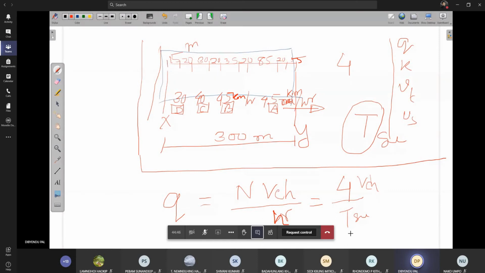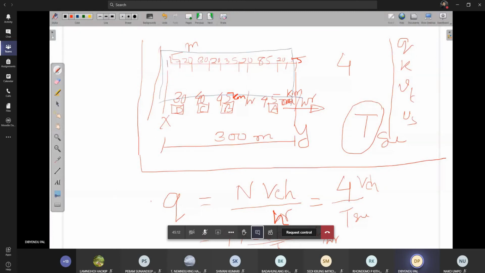Now we can convert this T seconds into hours. If we do that, 4 vehicles over T seconds; to convert into hours, you have to divide T by 3600, so 3600 goes on the top, giving 3600 divided by T. The unit will be vehicle per hour.